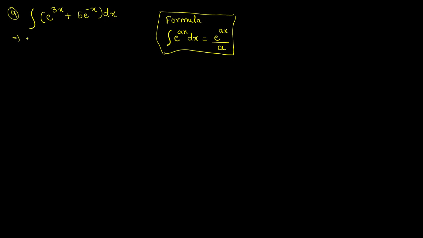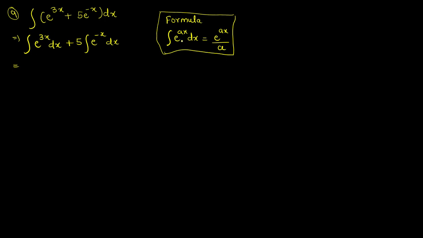So applying the formula here, we have two terms. So take integration for both of the terms. Integration of e power 3x dx plus, keeping 5 outside since it is a constant, integration of e power minus x dx. So you can see here we have single terms with exponent, that is e power 3x.